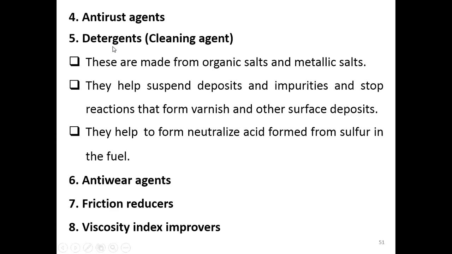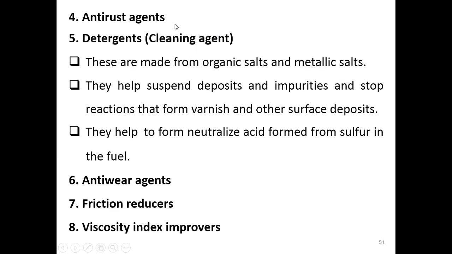Number five, detergent or cleaning agents. This agent is used for cleaning the engine components. It's made from organic salts and metallic salts.